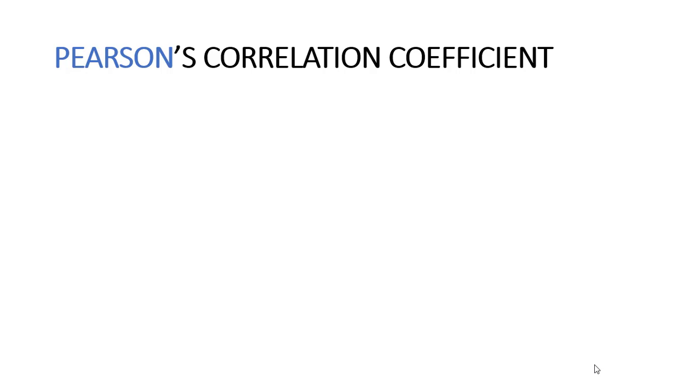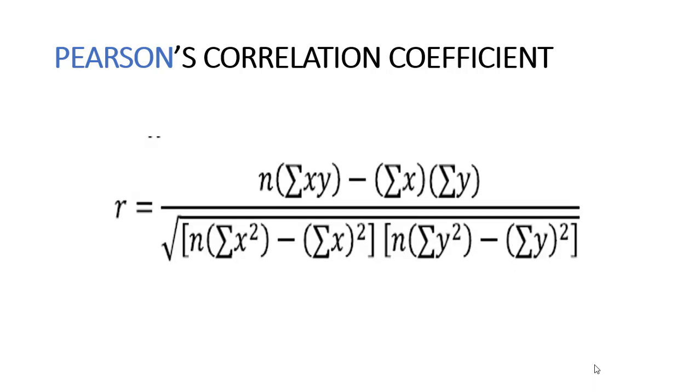So we're not going to go into the math for Pearson's correlation coefficient, but notice that this is the formula. It looks very intricate, and let's understand what it says. So R, this is the symbol that we use for Pearson's correlation coefficient. And how do we calculate it? Well, we take n. Remember, n stands for the number of samples that we have.